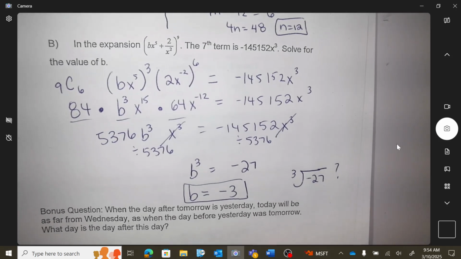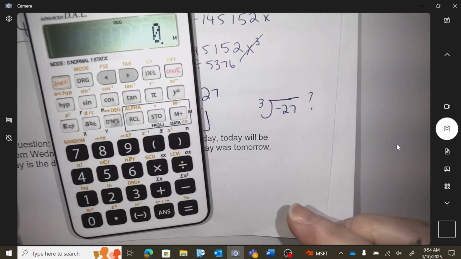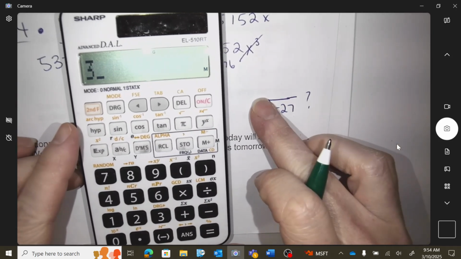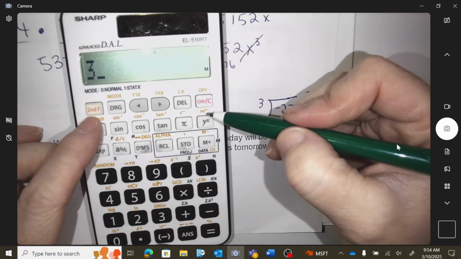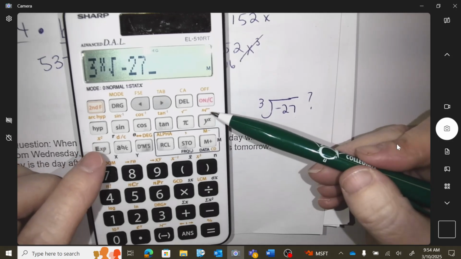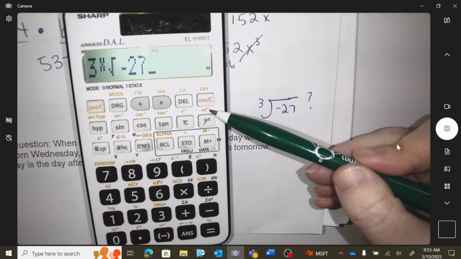Do you know how to do those buttons? My button would go like this. I need to do the 3 root. I need to type that in first with my button called the any root button. So this is my any root button. So I had to push 3 first.